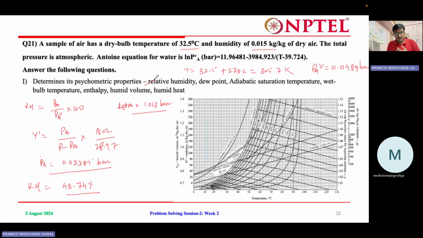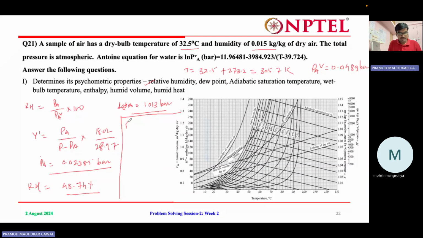We can calculate the dew point using the psychrometric chart as well as numerically, based on the equations, right? At the dew point, the partial pressure is equal to the vapor pressure.